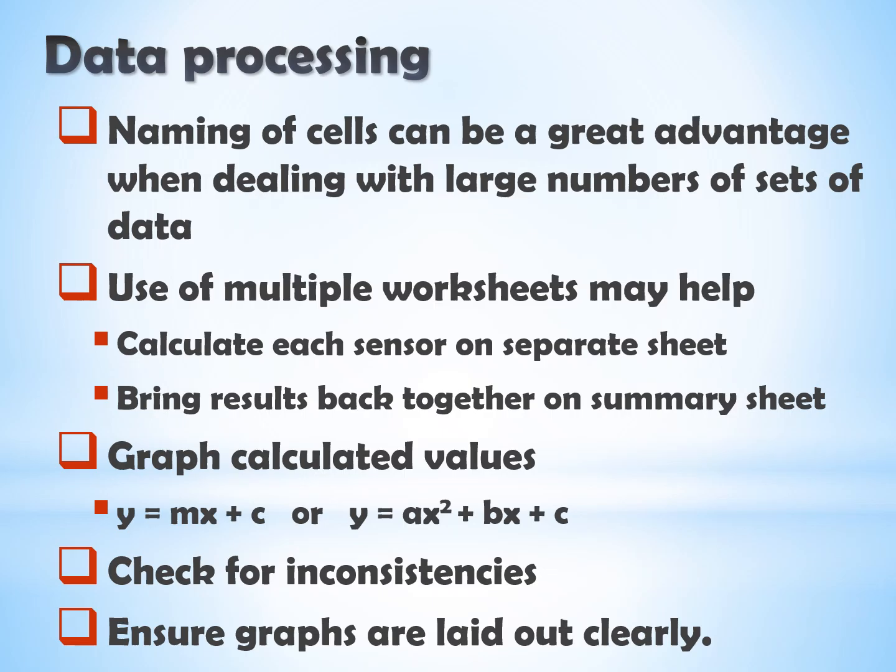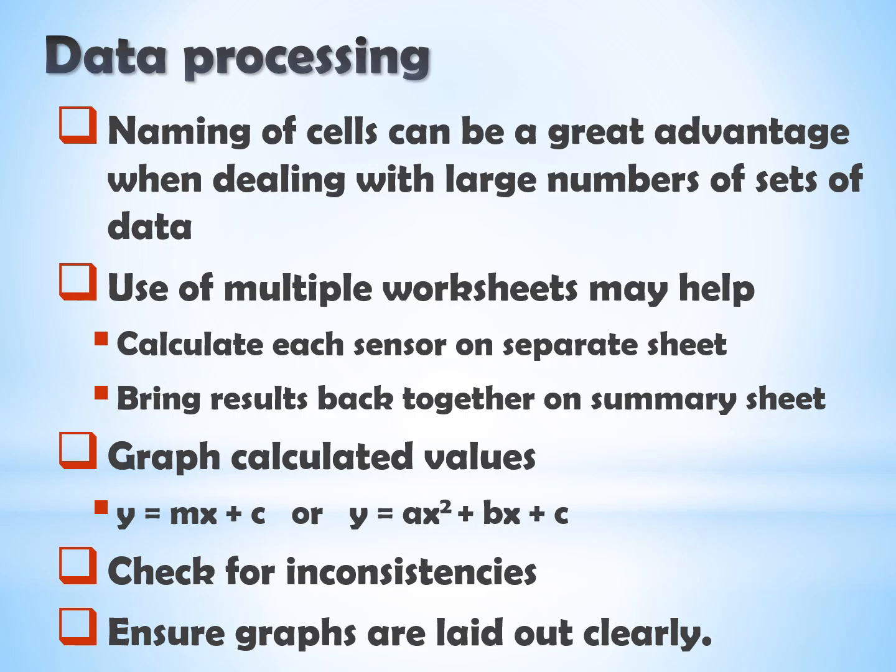Data processing. In data processing, the naming of cells can be a great advantage when dealing with large numbers of sets of data. It can be easier to use multiple worksheets rather than to keep all the data in one worksheet. In this case, each sensor can be analysed in a separate sheet and the results brought together on a summary sheet.